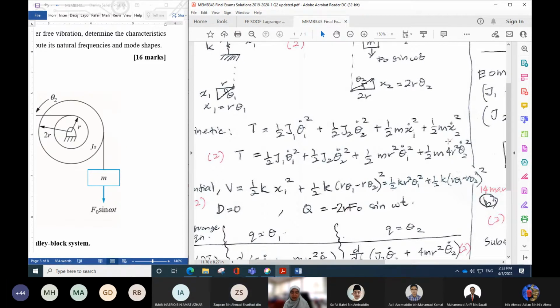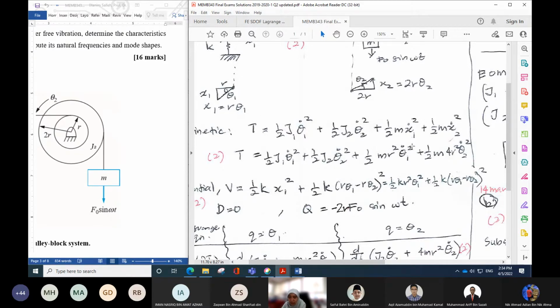So what you need to do is, after that, you just substitute x dot 1. X dot 1 means r theta dot 1 squared, so don't forget the square. A lot of students make a slight mistake, because when you square it, you have to square the whole term. It means you have to square the r, and you also have to square the theta dot.